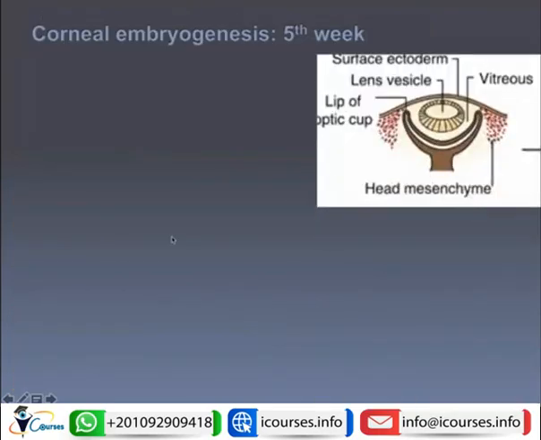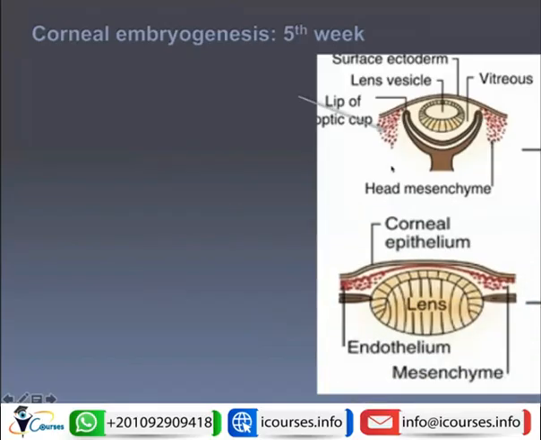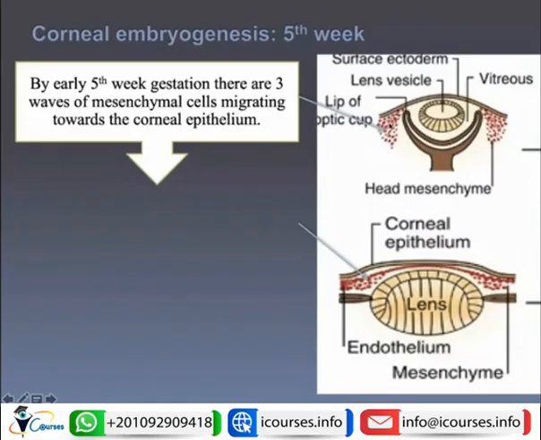Corneal embryogenesis will continue in the fifth week by what are called mesenchymal waves. There will be waves of mesenchymal cells, the neural crest cells and the mesoderm, that will share in the formation of the anterior segment of the eye. There are three waves that will migrate toward the developing eye.